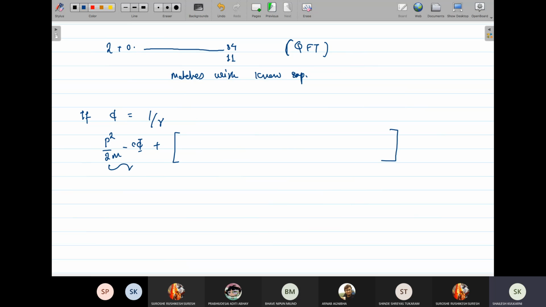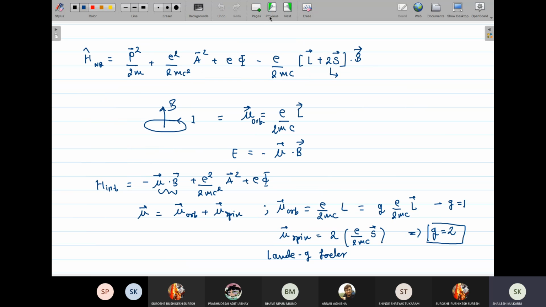So this is your zeroth order Hamiltonian. In this case, when I set the vector potential to 0 and the scalar potential to 1 over r, this is my zeroth order Hamiltonian. H non-relativistic is actually the zeroth order Hamiltonian.